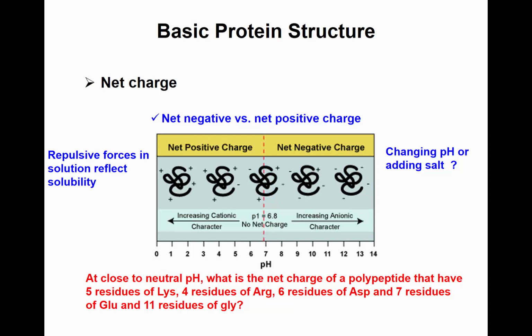Calculate. Simple math. There's no magic in this equation. But you need to know what would be the charge of these different residues at neutral pH. So give it a go.